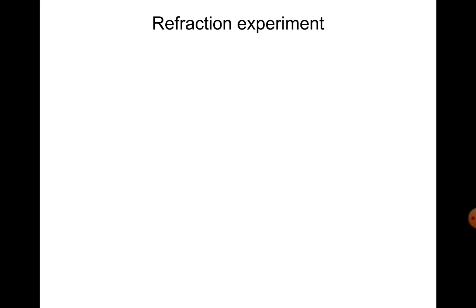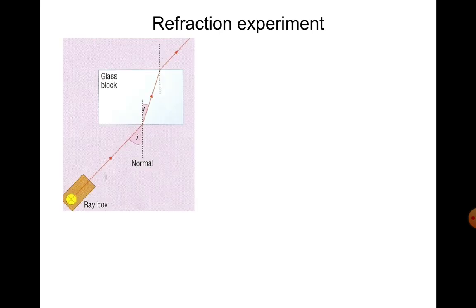The refraction experiment, which we will do in the class. You have a ray box and a glass block. What you have to do is put the ray box onto the glass block, and at that point you draw a dot, and from that dot you draw a normal, inside the glass and outside.